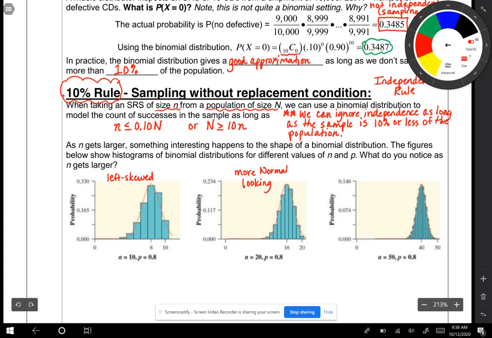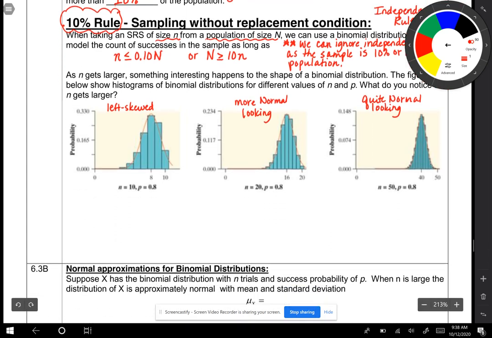And then when you look at when n equals 50, it looks quite normal looking. It would be what we would call approximately normal. You never say it's completely normal. You're always going to say it's approximately normal.